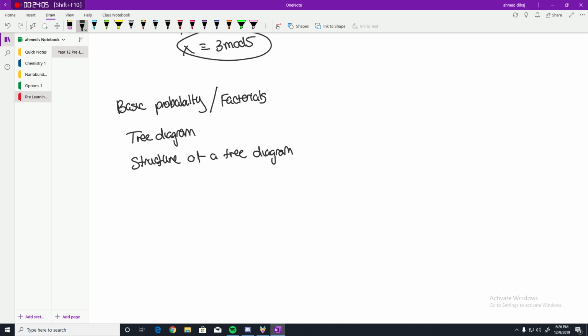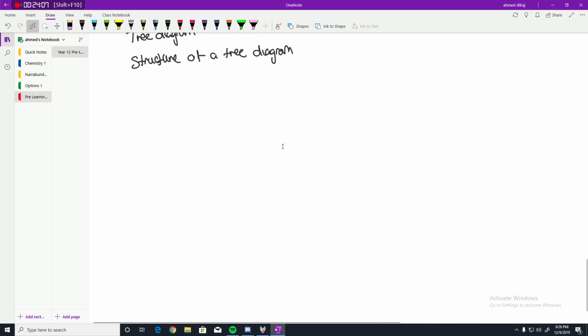Okay, so the structure of a tree diagram. So let me draw a general tree diagram. So over here, we have a start, right? And then, whoops, that's a really ugly line. You know what? That's all right.